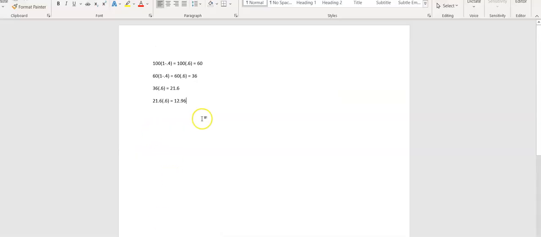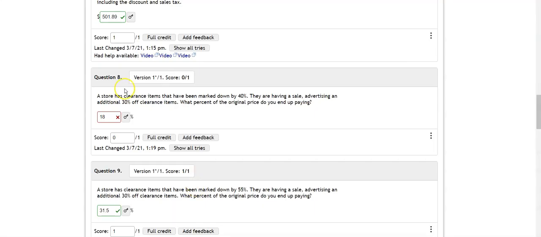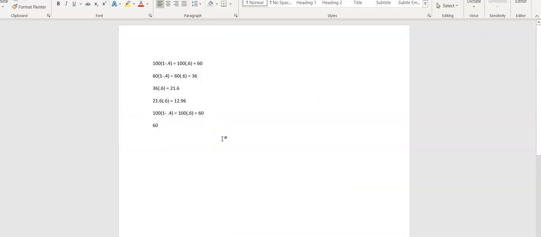So let me go back here. 100, 1 minus the 40% as a decimal, or 100 times 0.6. So now, after the first discount, whatever we were buying is 60 bucks. All right, now, I believe the second percentage was 30%. Yeah, additional 30%. So we'll do 1 minus 30%, or 1 minus 0.3.